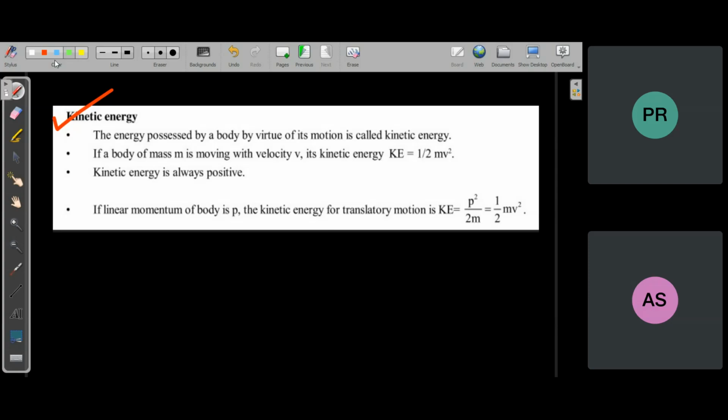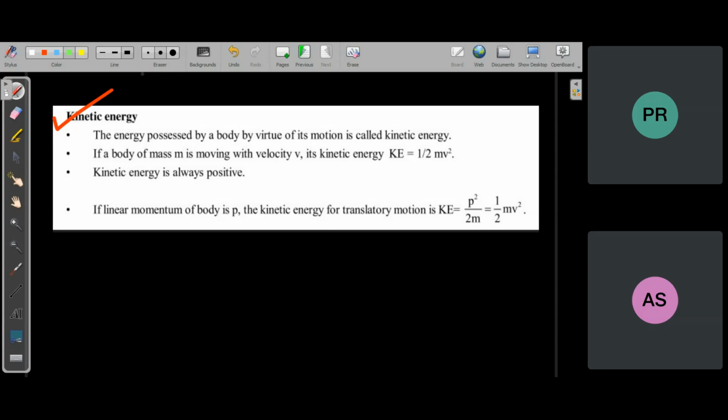Then only. Even for changing direction, no work is required. And that's why even if the direction is changing, the kinetic energy is not changing. Are you getting?